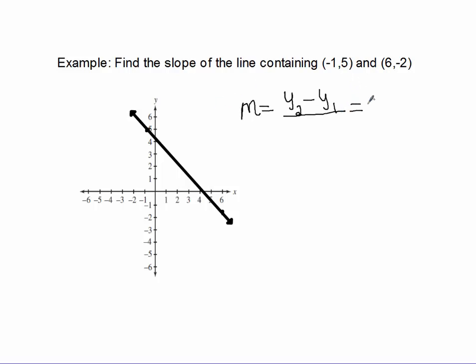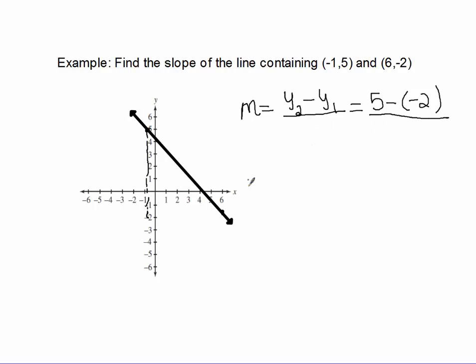We have 5 as the y-coordinate of my first point, and then I'll use the y-coordinate of the second point, and then divided by the difference. Visually, what we're going to find is this distance from here all the way down to there, -2.